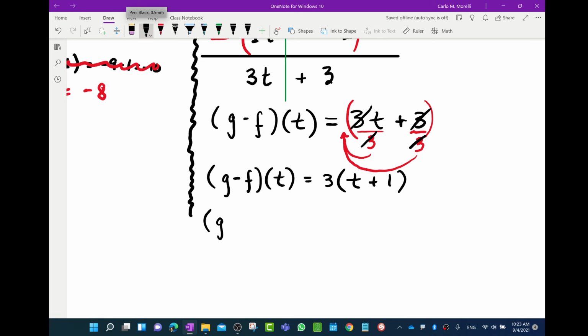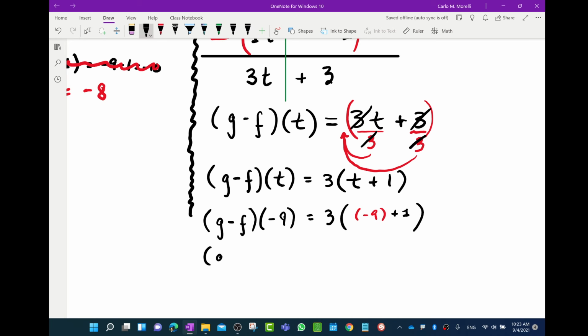So now let's do the difference of function g and function f evaluated at negative 9, which would be equal to 3, open parentheses, and then open parentheses, negative 9, close parentheses, plus 1.